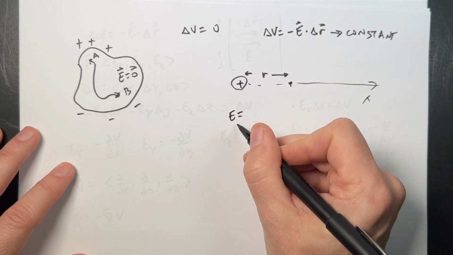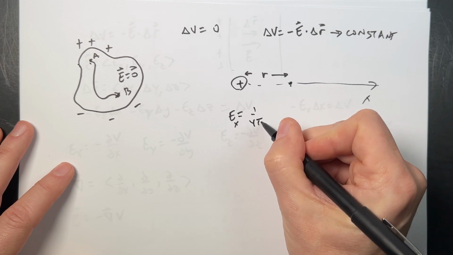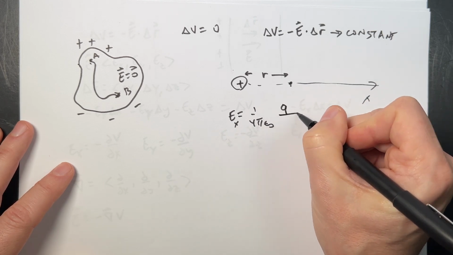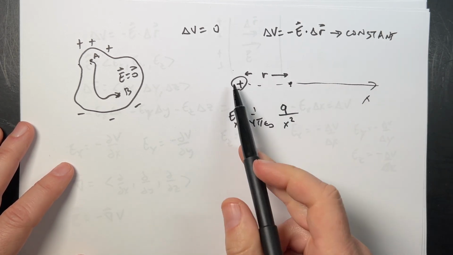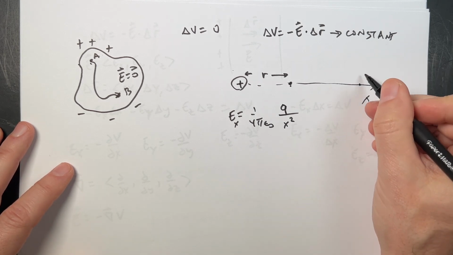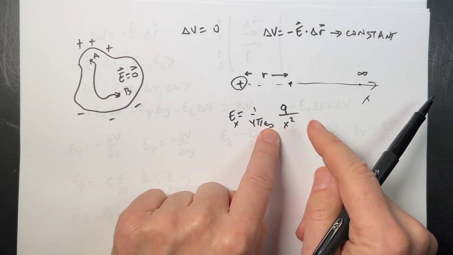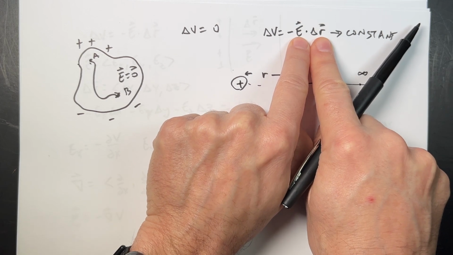I know the value of the electric field in the x direction. Ex, because we're only in the x direction, is 1 over 4 pi epsilon naught q over x squared. Right? That's my electric field due to a point charge in the x direction. Now suppose I want to go from here, infinity, to r. Well, the field is changing, so I really have an infinite sum of a bunch of tiny little steps.